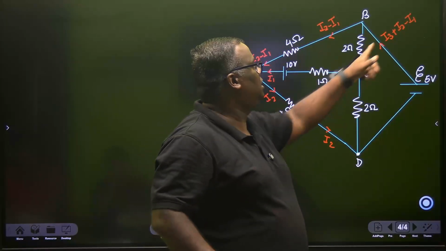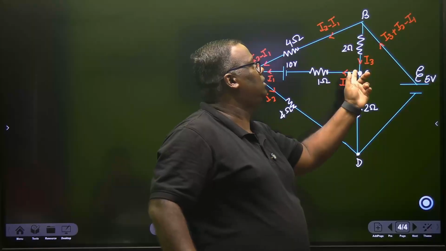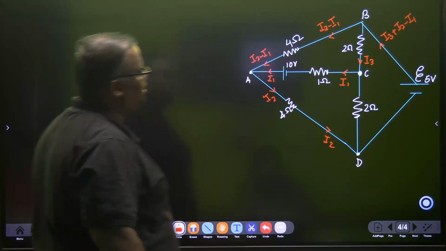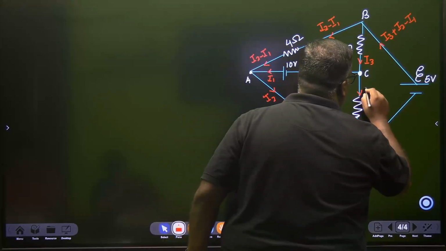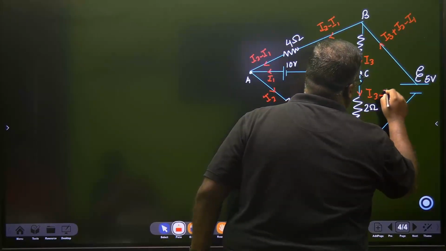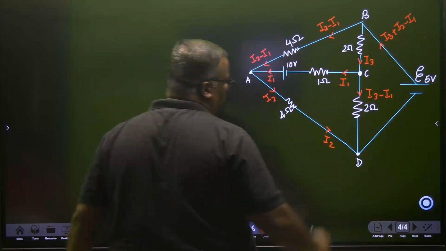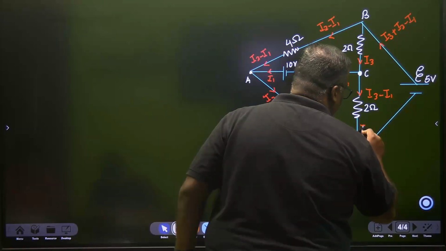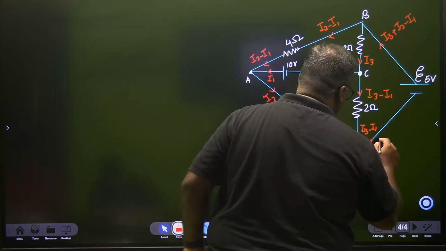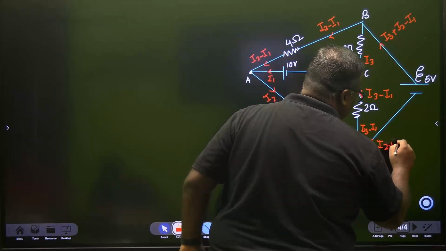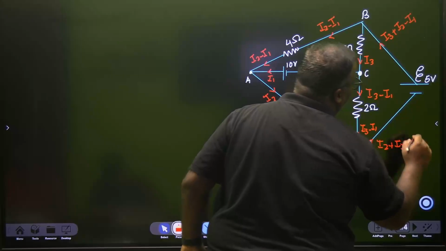These two currents' addition should be this. This current has split up into these two currents, right? Then how much is this current? I3 minus I1. What is this current? I3 minus I1.